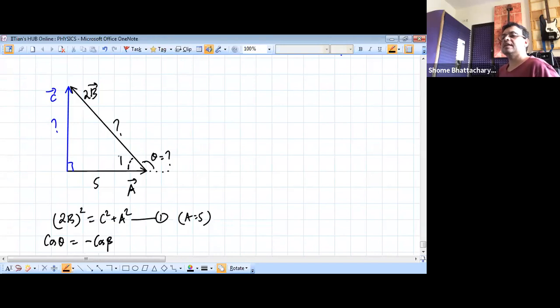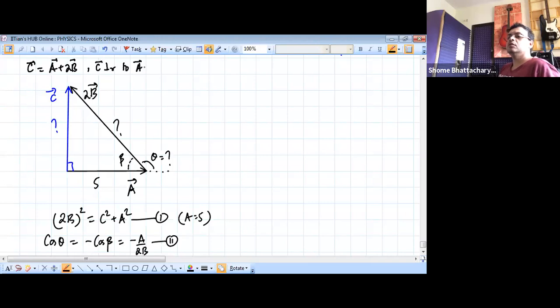The beta is this angle, and that is nothing but minus of E by 2B. This is the second formula that we have. Okay. So this is from that relation that was given, that C is equal to A plus 2B, such that C was perpendicular to E. So we use that information, and we generated two equations.